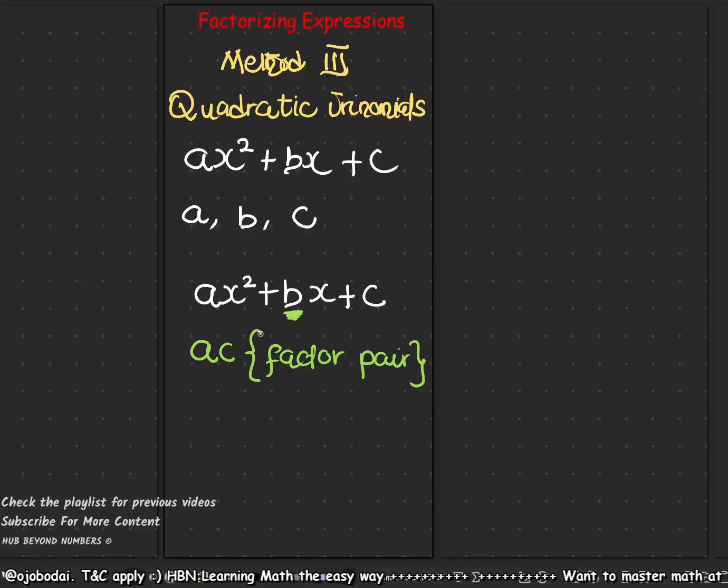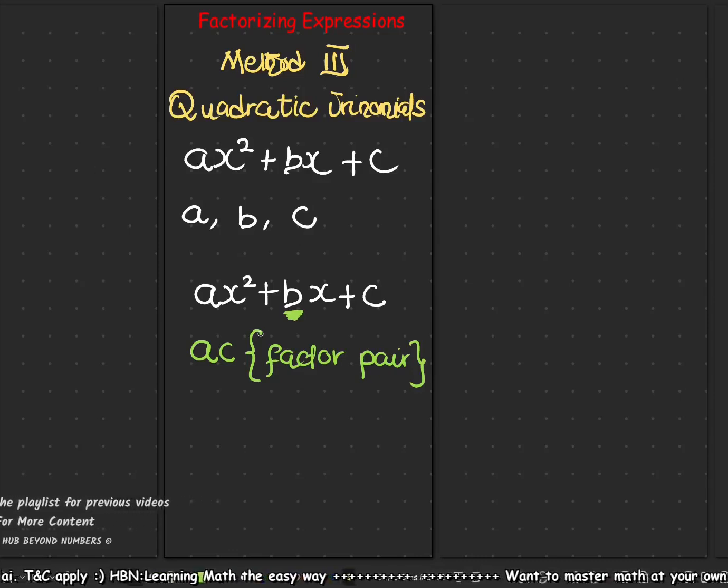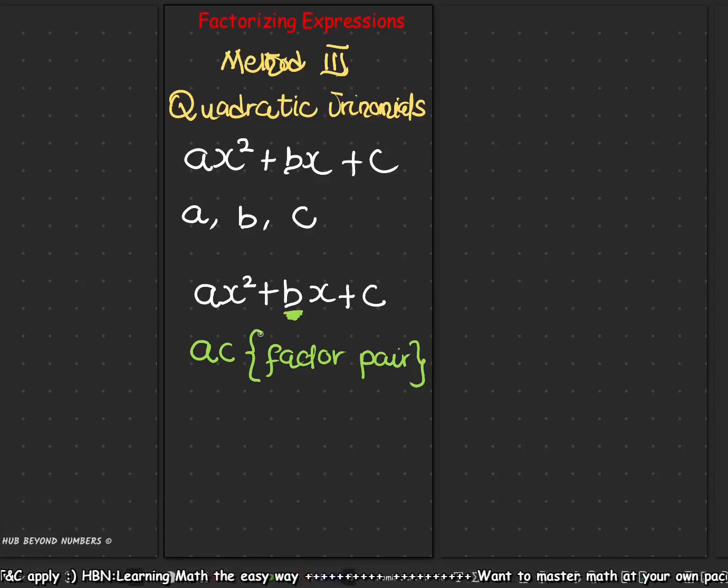It is an overview and you might be confused a little, but just understand the overview, after which when we are solving some examples, you get to know how to apply them. So you multiply a by c, then look for the factor pairs of ac, which when added together will give us the b.